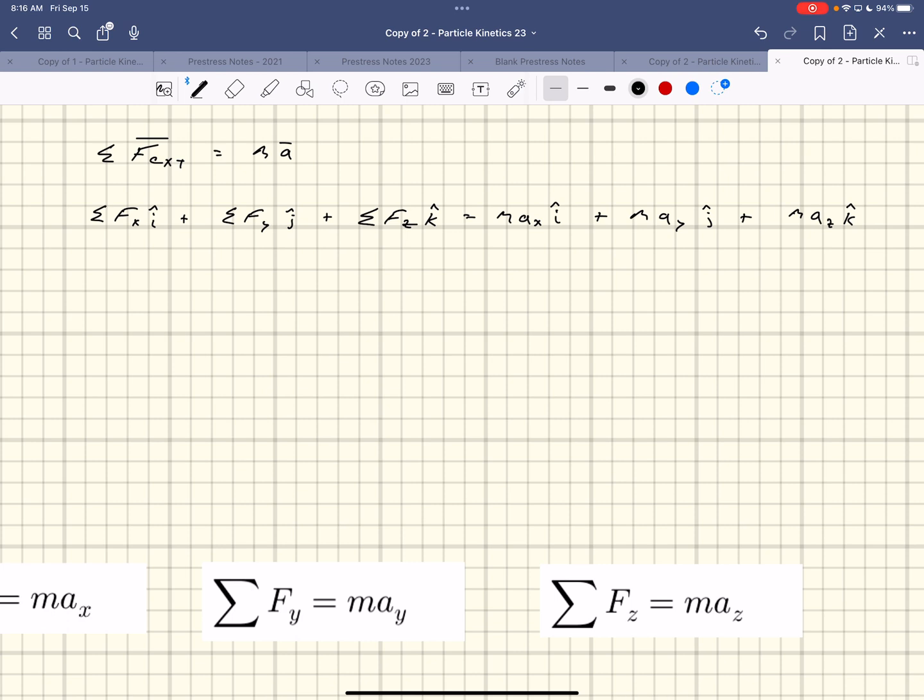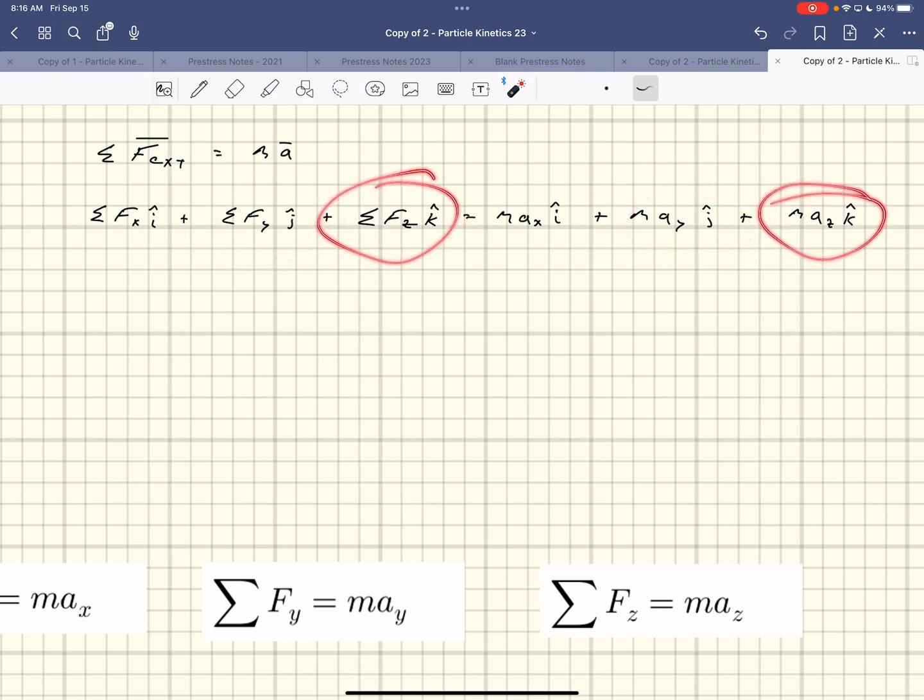You just expand those vectors out. Again, those can be written in different forms. I like the ijk, especially for these types of problems. If you remember how matrix math or vector math works, right? Everything in the i direction has to be equal to each other, so those two guys are equal to each other. Everything in the j direction has to be equal to each other, and everything in the k direction has to be equal to each other.